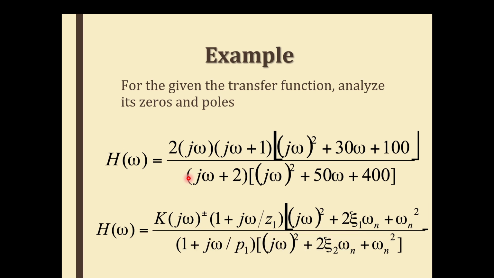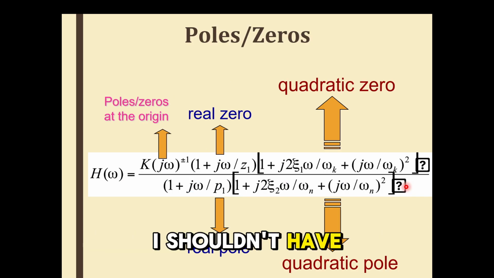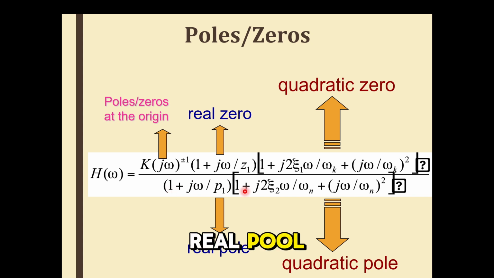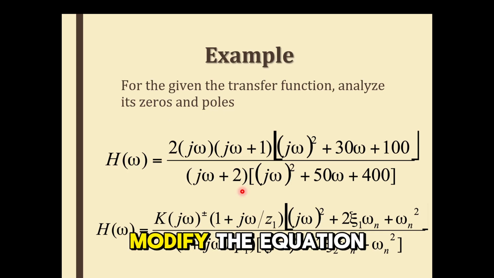And you compare with the standard transfer function. I shouldn't have any number apart from 1 here. I should have 1 for the real pole. Okay, and therefore we have to refer to the standard form, and then compare and try to modify the equation.